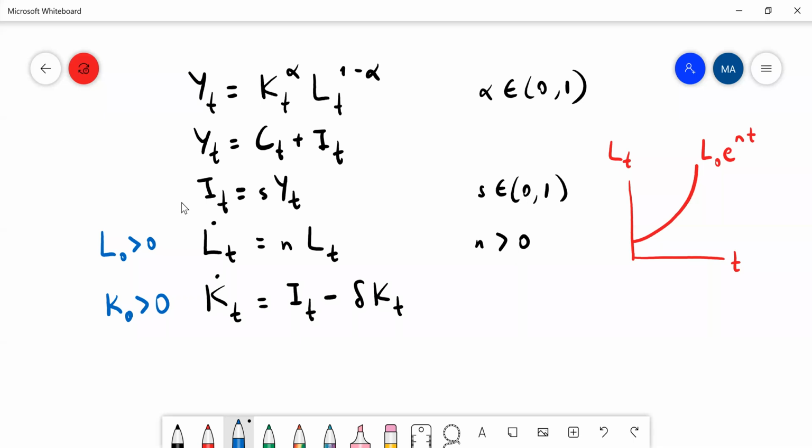So that's simple. Now the idea, of course, is to once again study the steady state. I mean, define the steady state, and study both the steady state income level and the growth rate, etc. Right? So we're going to do that after our final break.